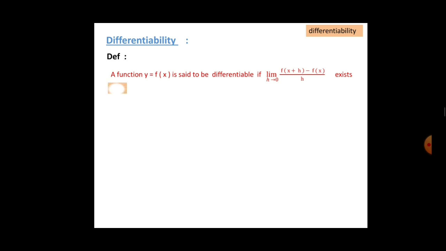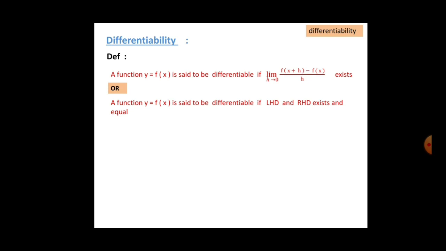Or, a function y is equal to f of x is said to be differentiable if the left hand derivative and right hand derivative exist and are equal. So if the left hand limit exists and the right hand limit exists, but they are different, the derivative of the function does not exist.